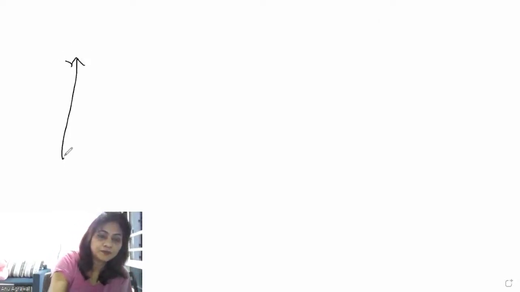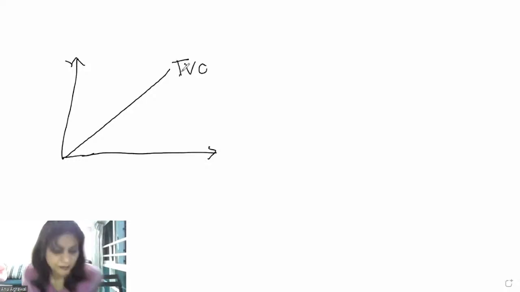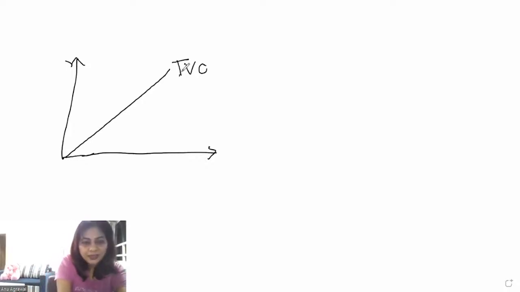Okay. So for example, say this is the total variable cost curve. If you look at the graph, say this is 1 unit, and let us say the cost is 5.